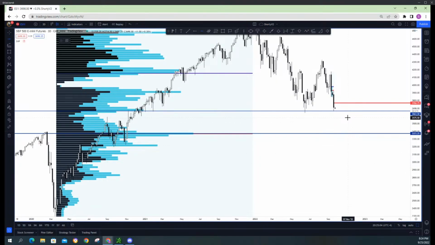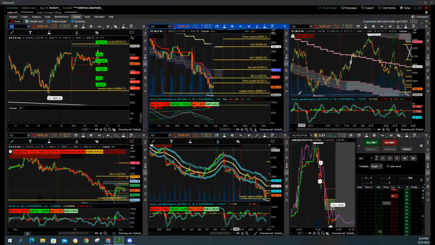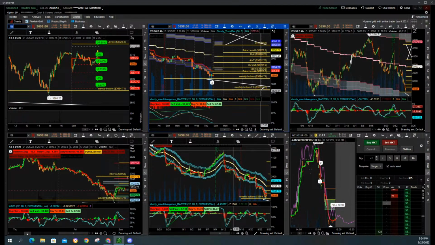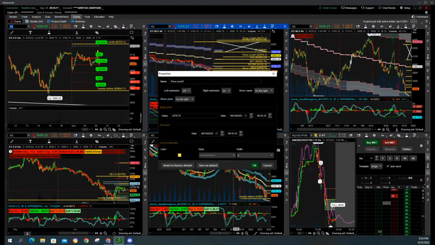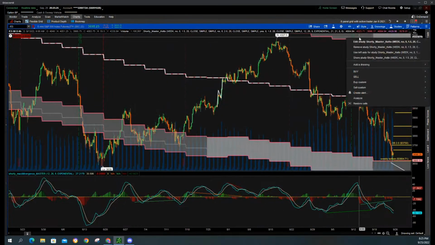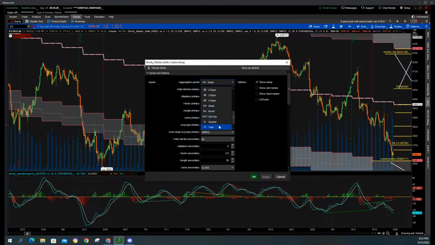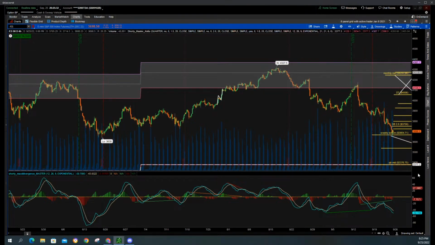If you guys remember earlier, what did I say the quarterly mid was on ES? Was it this? Here, if you guys look, there's my quarterly mid. What's the number? 3377.